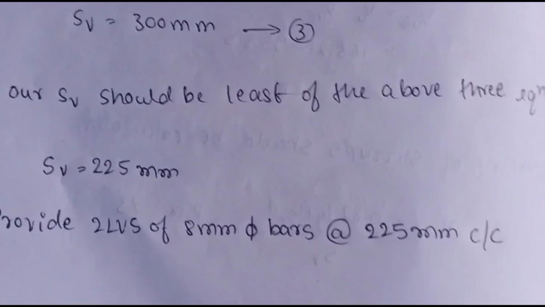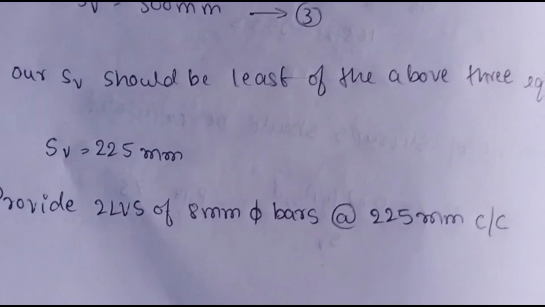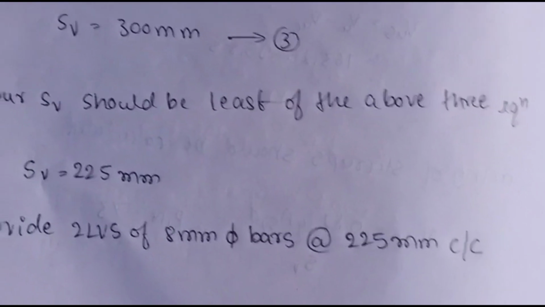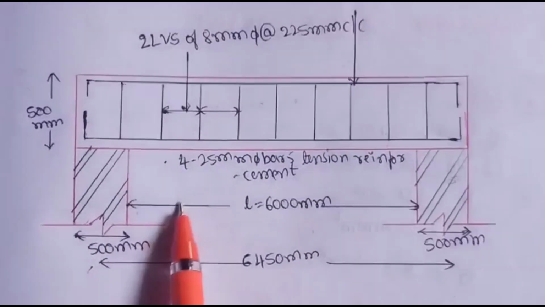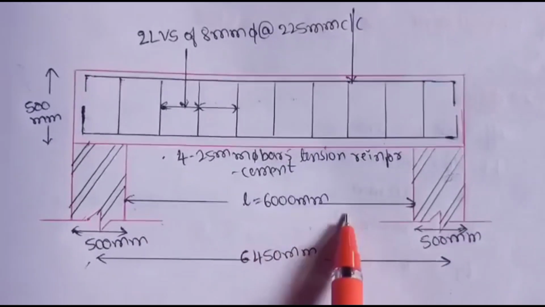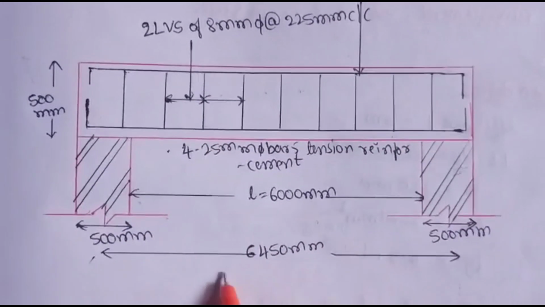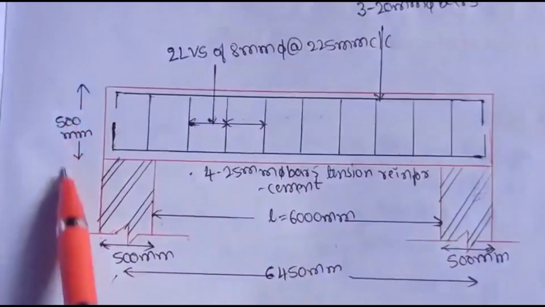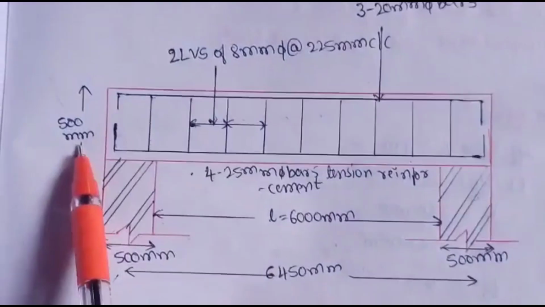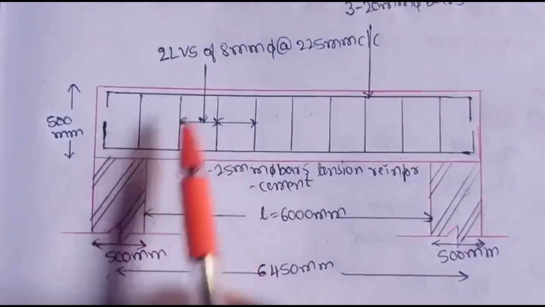Without the drawing, our problem is incomplete. So we'll see. This is the beam, suppose 500 mm, with a clear span of 6000 mm and an effective span of 6450 mm, and the depth of the beam is 500 mm. This is a simply supported beam.